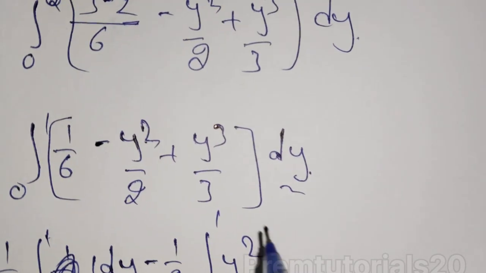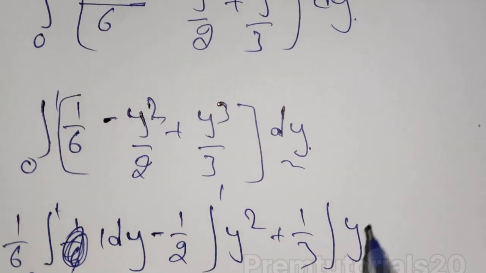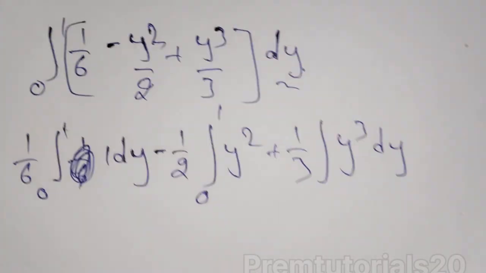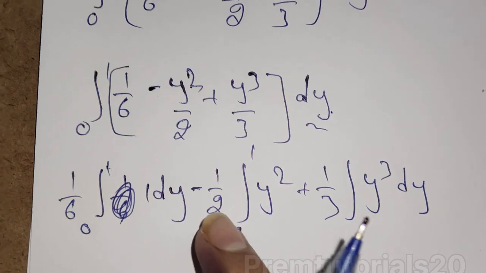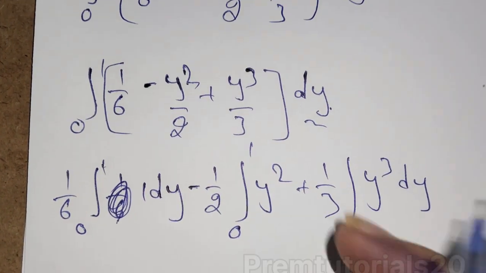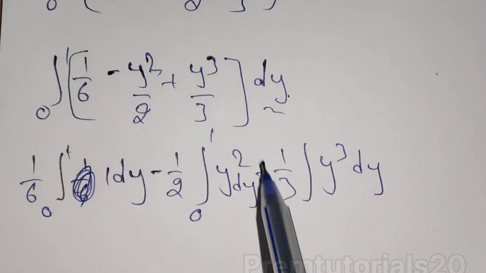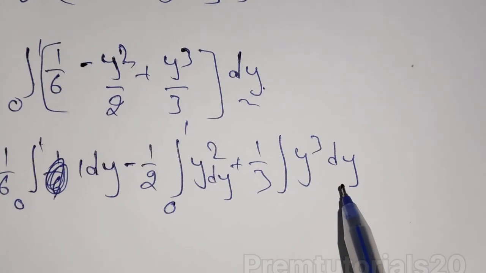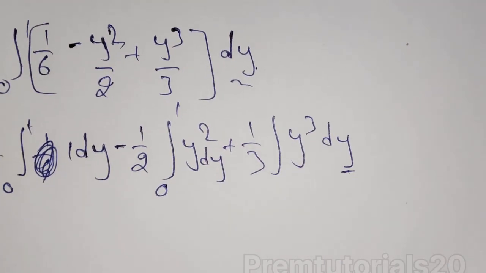Then 1 by 3, meaning y cube by 3, is written outside, y cube dy. So after simplifying, we get 1 by 6 integral 0 to 1 dy minus 1 by 2 into integral 0 to 1 y square dy plus y cube by 3 becomes 1 by 3 into integral y cube dy, with respect to dy.